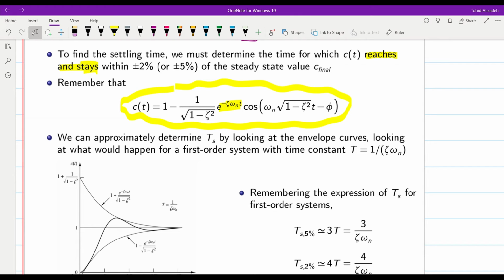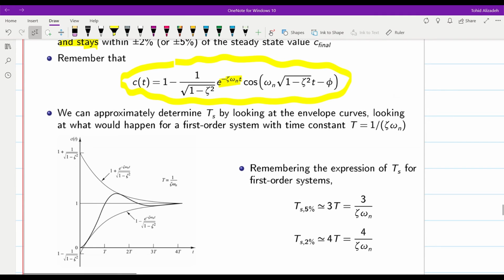In order to do that, if we look at the curve that we have for the step response, you can see that it's in this form. There are some oscillations at the beginning, and then after a while it just settles down.